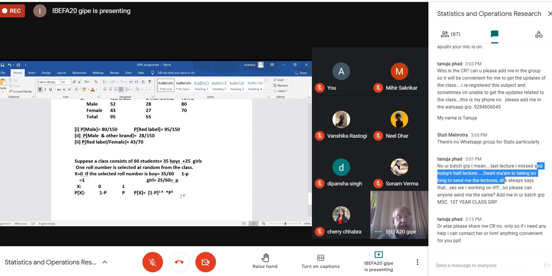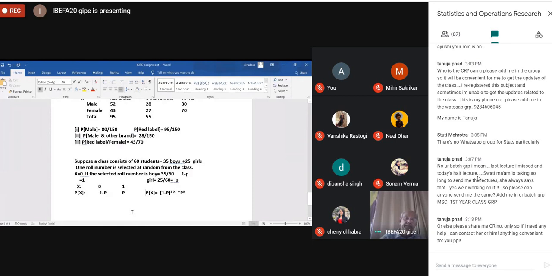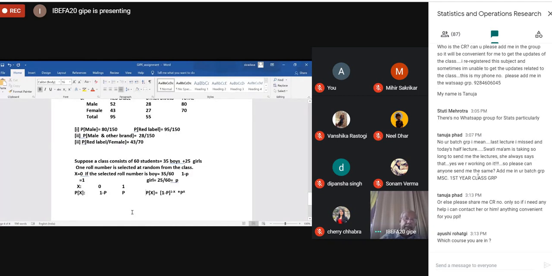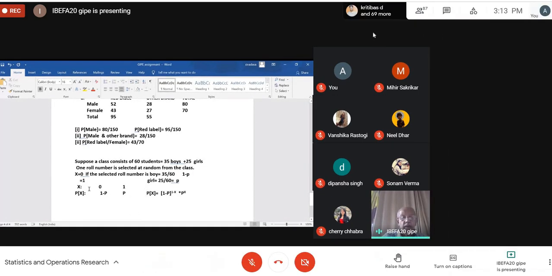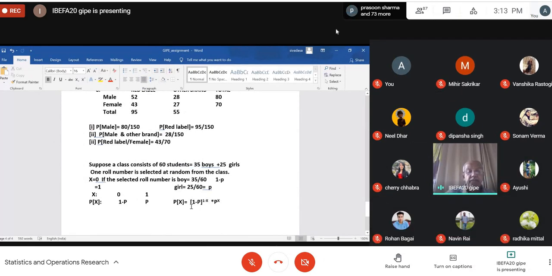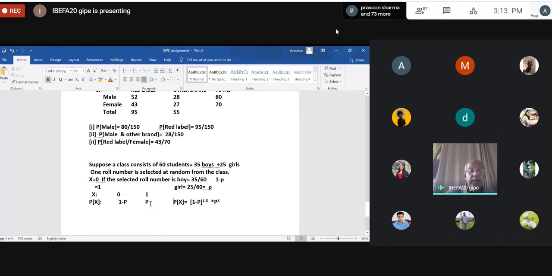See the function. X is equal to 0. Put 0, you will get 1 minus P. Put 1, you will get P. This is called probability function.